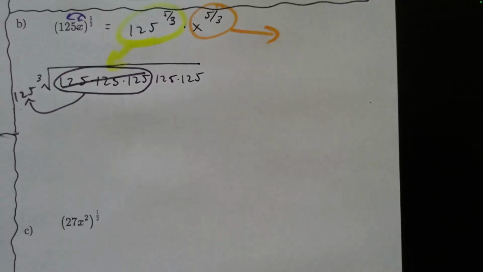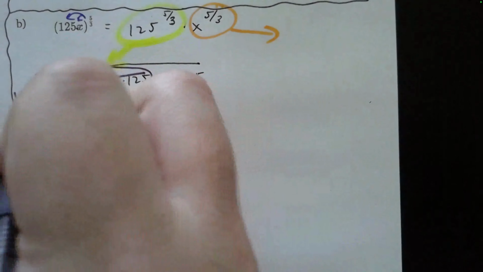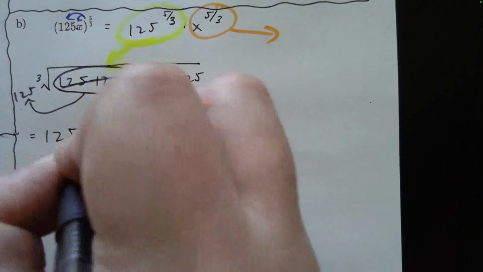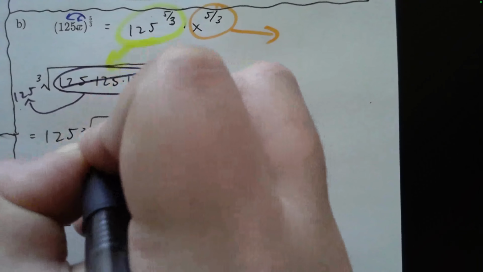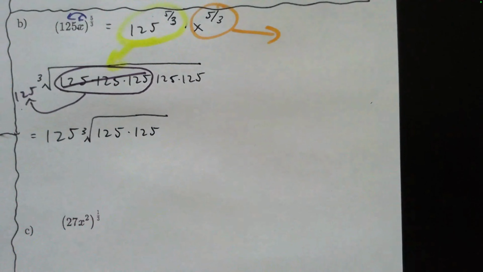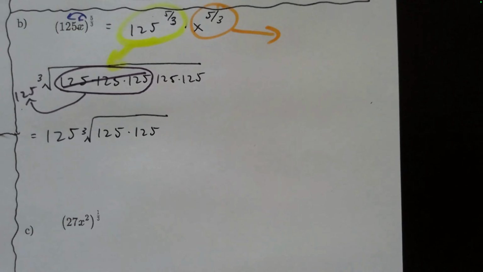So I have 125, but I still have 2 left in here. I'm not done. Again, it's a little misleading because each one of those 125s has a pair.